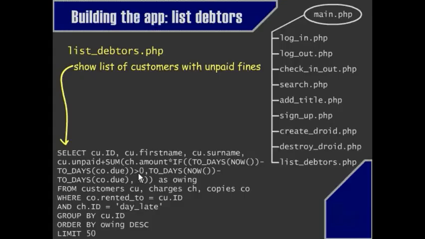So in other words, if it's overdue, then multiply the amount by the number of days by which it is overdue. Otherwise, multiply by 0.